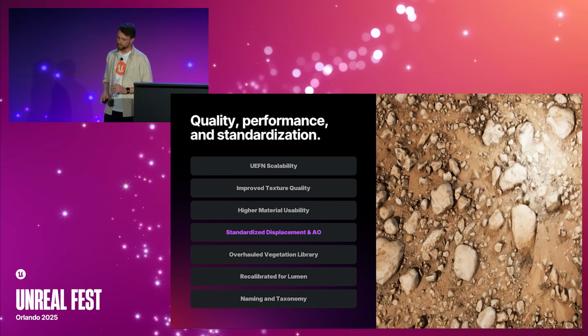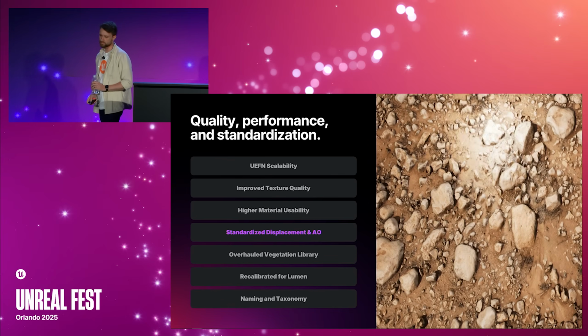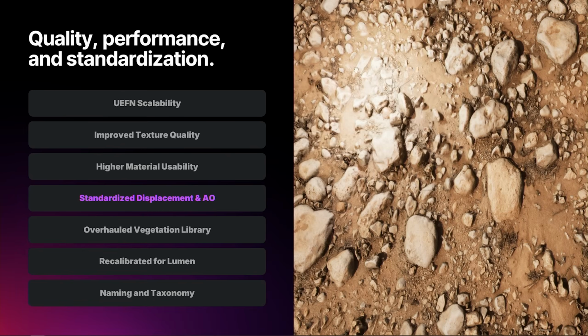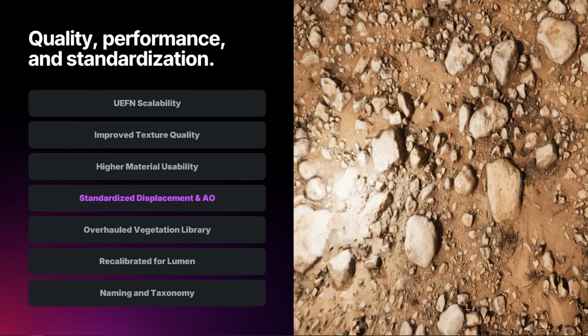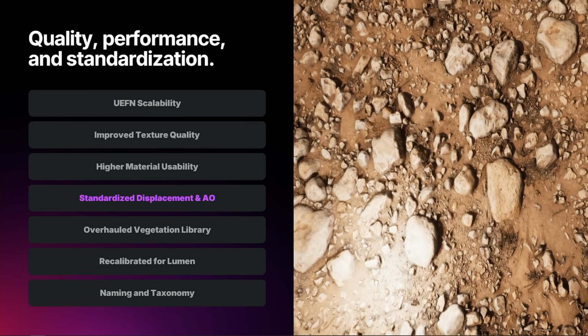This principle also holds true whether you're dealing with small assets of around 1 to 2 meters or larger surfaces like terrains that can span several kilometers with hundreds of meters of displacement elevation. So as long as the tiling and dimensions are correct, the displacement values will work out of the box.